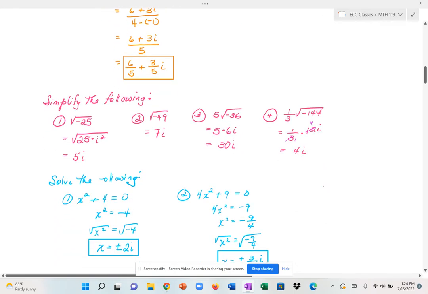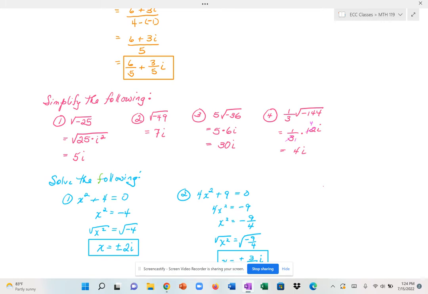All right, so now we're going to solve some polynomials where our result is a complex number. So it is possible to get complex numbers where you have an imaginary part as your solution, or you might just get real numbers, or you could have a combination of both.